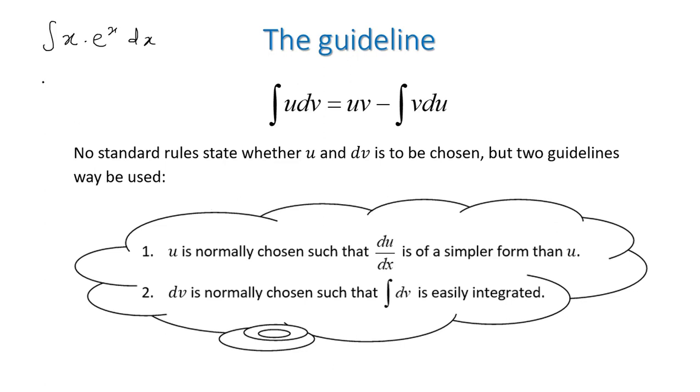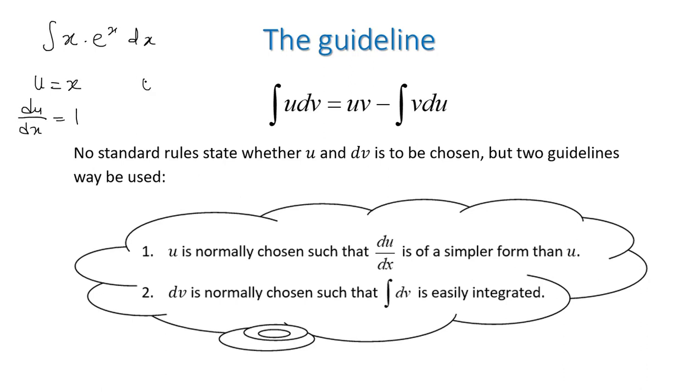When you choose u, your du over dx is simpler than u. For example, you let u equal to x. Differentiate, you get 1. Is 1 simpler than x? The answer is yes. So this is the suitable substitution, and this is the correct choice.